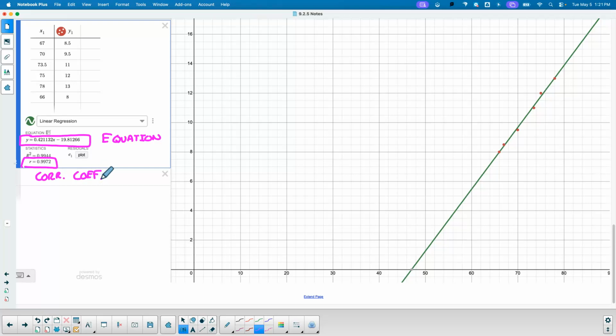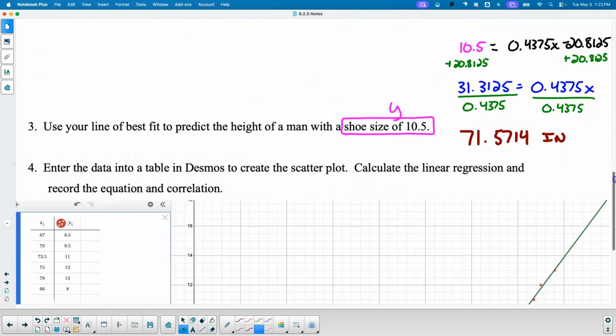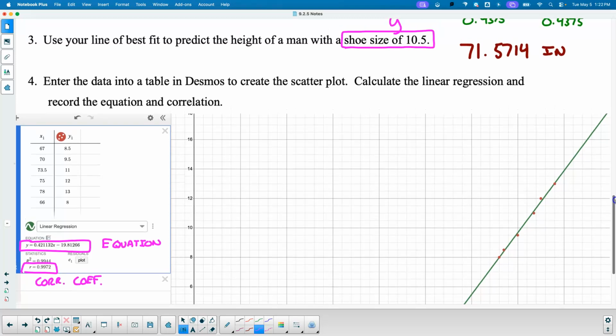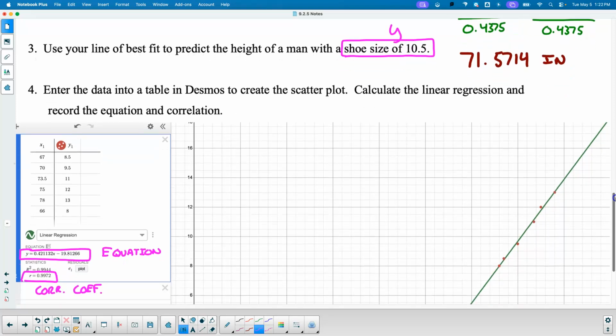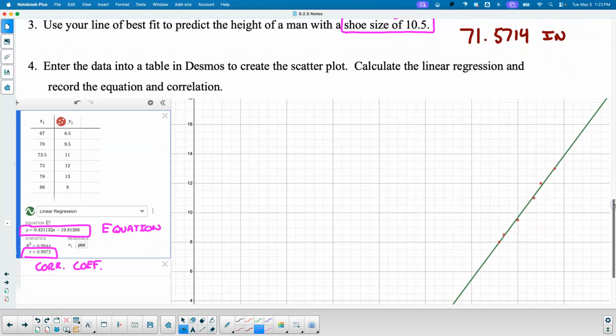Pretty strong, 0.9972. It's a pretty strong linear relationship. And how far off were we? We had 0.4375, and we had a y-intercept of -20. So yeah, we were pretty close on our line of best fit, which means our prediction equation would be pretty accurate. Okay? Questions on any of that?